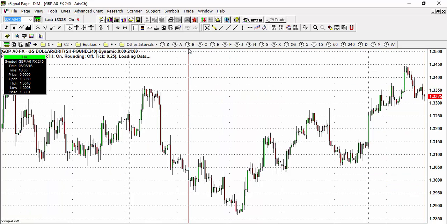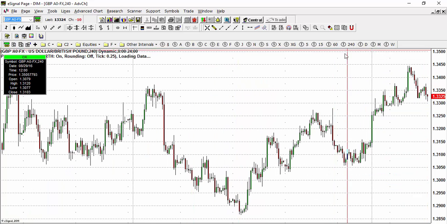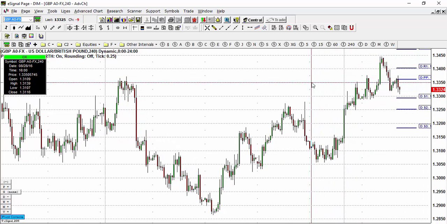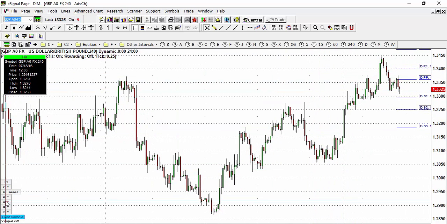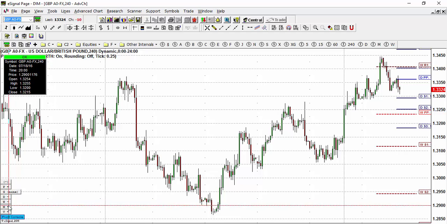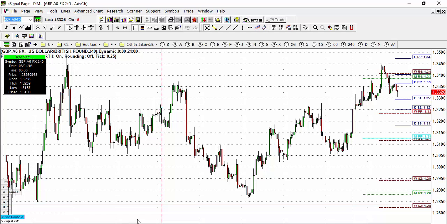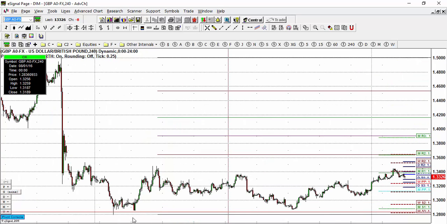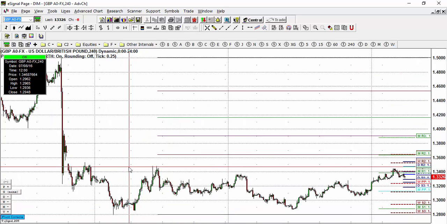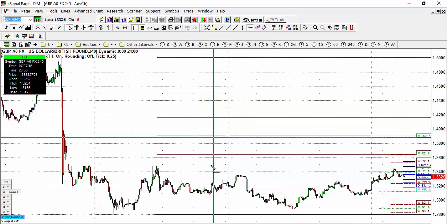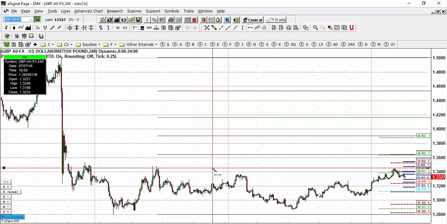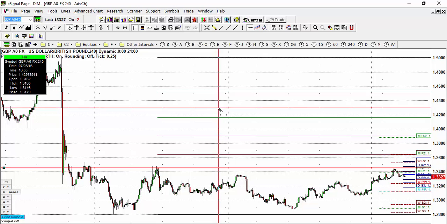Now, on Tuesday, we spoke about the monthly resistance level in the British pound. I stated that we had two things, or three things. We had a prior area of resistance, and we drew that line before the market turned around.